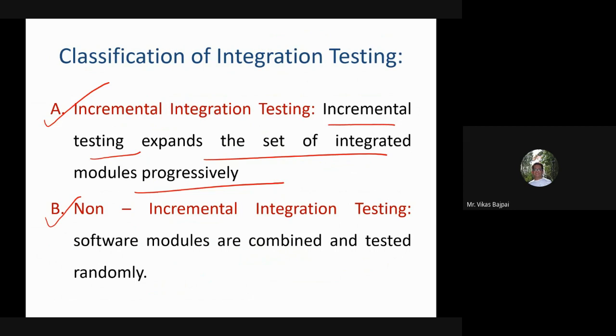In non-incremental testing, a random combination is done. In incremental, if M1 is there, I'll wait for M2 and then M3. In non-incremental, let's say there is an interaction between M1 and M3, let's go ahead with this. If M2 is not ready, it doesn't matter.